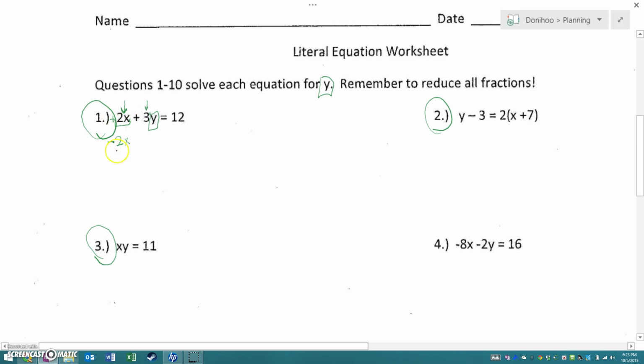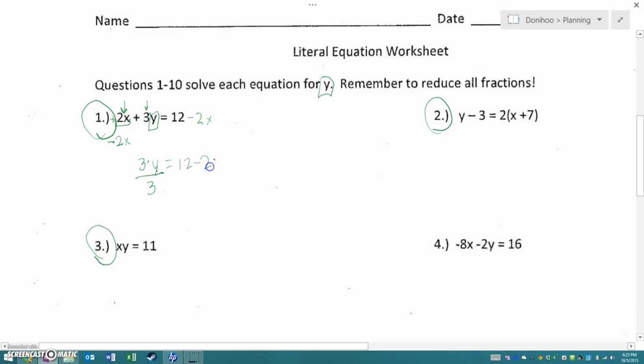That's the reason why this is addition subtraction, because it's separated. Once that's done, that 3 attached to the y is a multiplication. That's going to get done with division. So to walk through the whole process, subtract that 2x, subtract that on the other side as well.